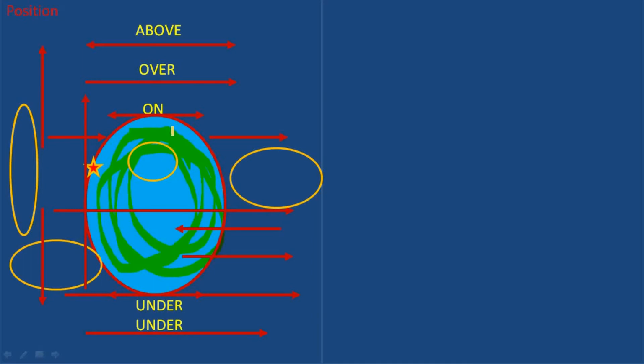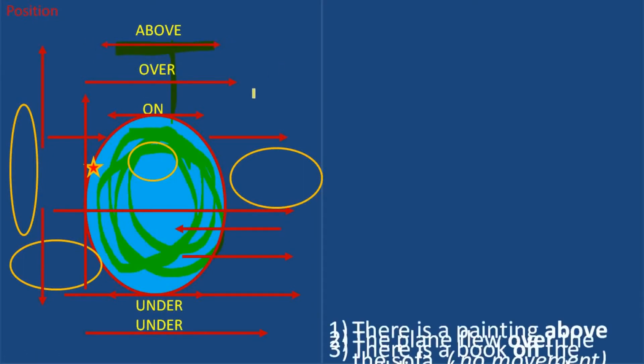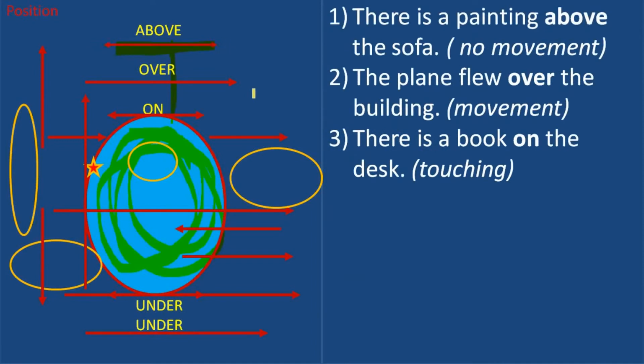But attention, if something is staying up above something, maintaining some gap, that time we will use above. Clear? For example, there is a painting above the sofa.